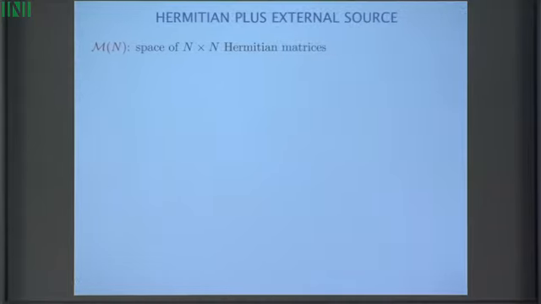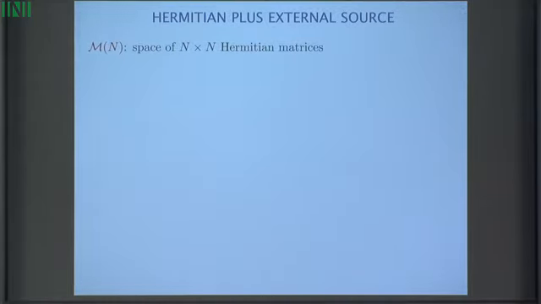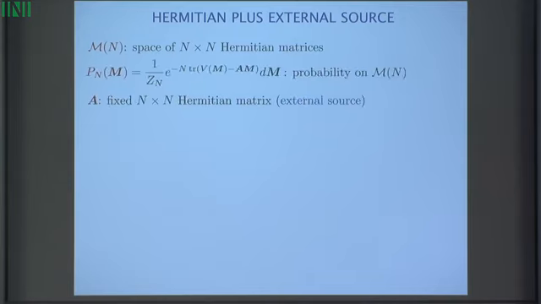So I will be looking at a little bit more complicated object, which is the Hermitian matrix model plus external source. Now my probability distribution is modified a little bit. You still have a certain polynomial of a matrix sitting in the weight, but also you have this term with a fixed matrix, A. It's a certain Hermitian matrix called the external source, and it's multiplying your matrix M, and this is my probability distribution now.